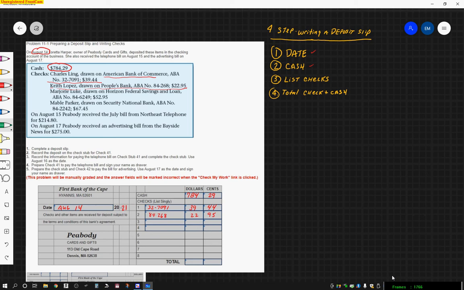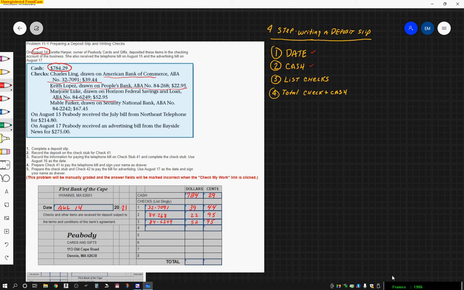The third check is Margie Luke, ABA number 846249 in the amount of $52.95. I'm liking it so far.